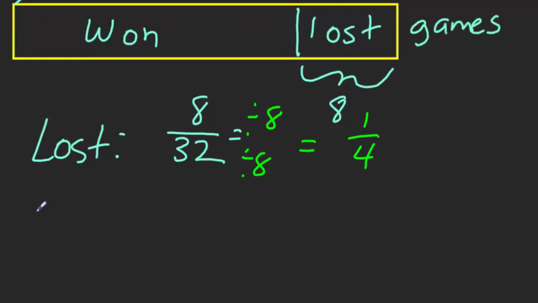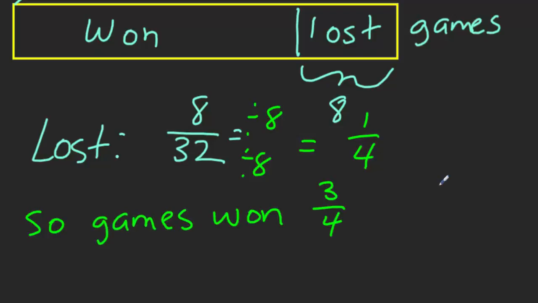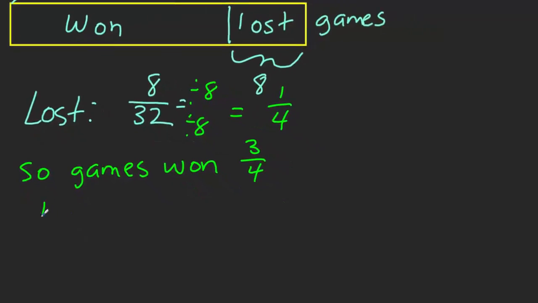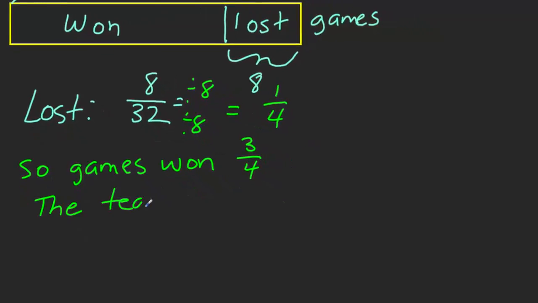Well, if we know that the team lost 1/4 of their games, that means the games won would be 3/4. Another way that we could have solved that first part, part A. So the team won 3/4 of the games.